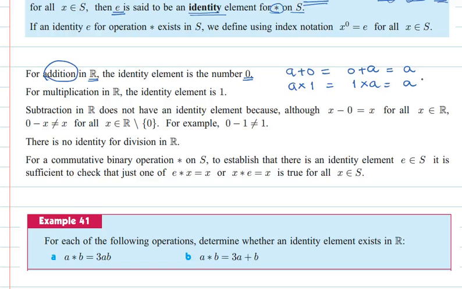It is worth noting here that some operations do not necessarily have an identity element. For example, if we define subtraction in the set of real numbers, while x minus 0 is equal to x, 0 minus x is not equal to x.